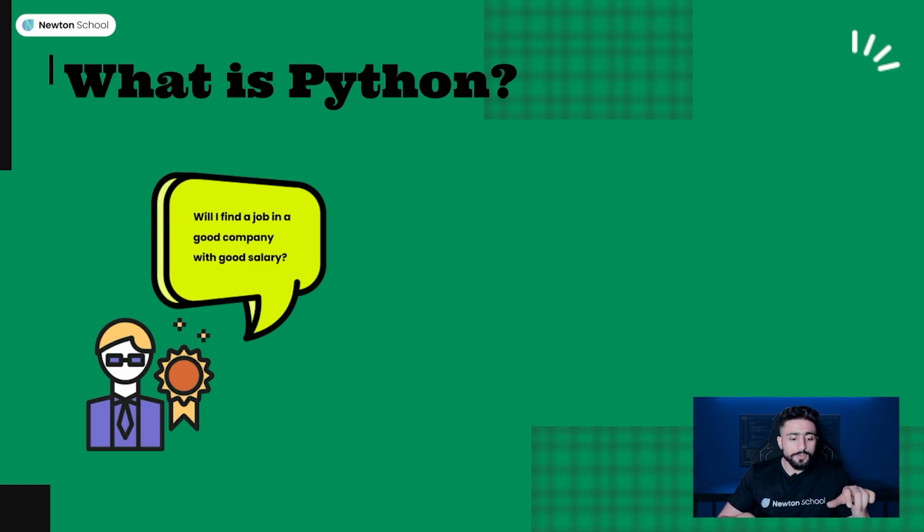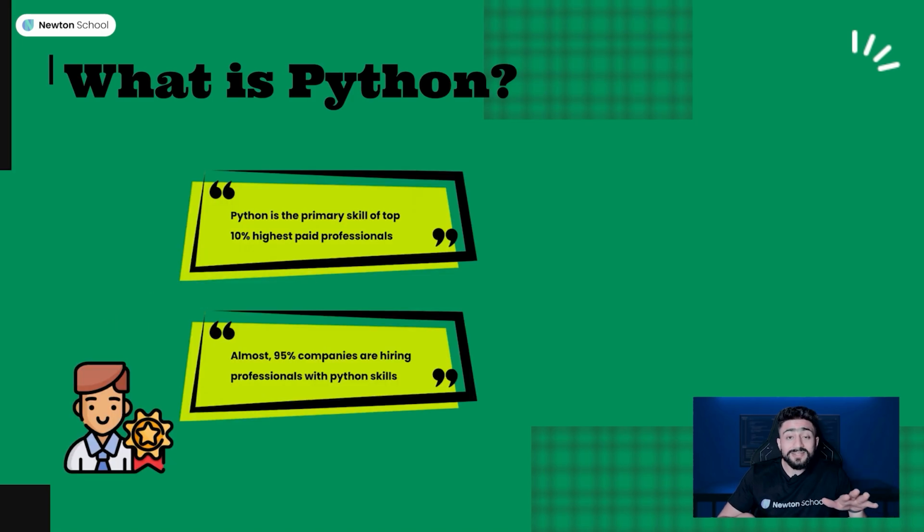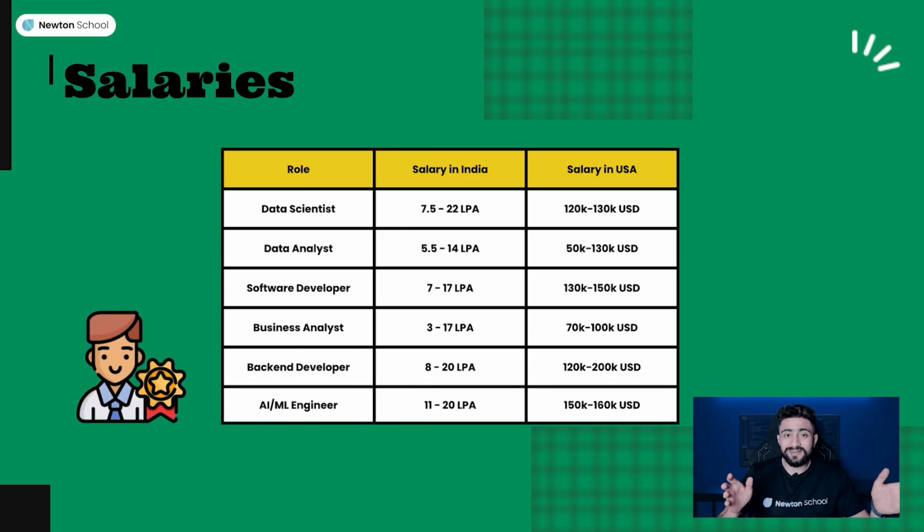So will you find a good job in a good company if you learn Python? Yes. Python is the primary skill of the top 10% highest paid professionals, and almost 95% of companies are hiring professionals with Python skills. Isn't it crazy?